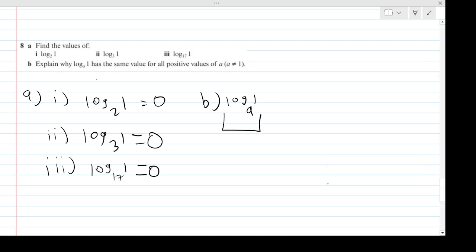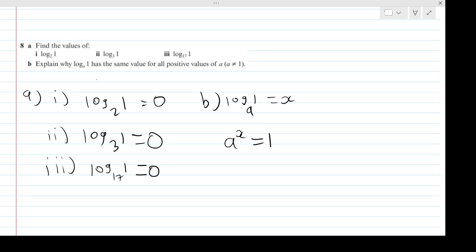Again, as an exponential, if I call that x, what this is saying as an exponential is that my base a, and I don't know what a is, it's just a general number, to the power of x equals 1.